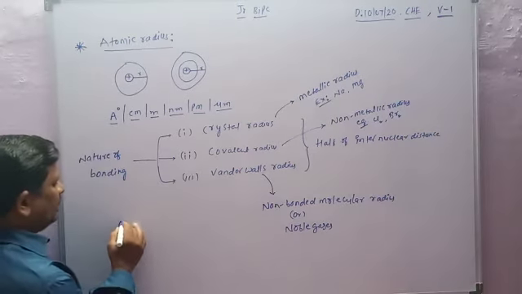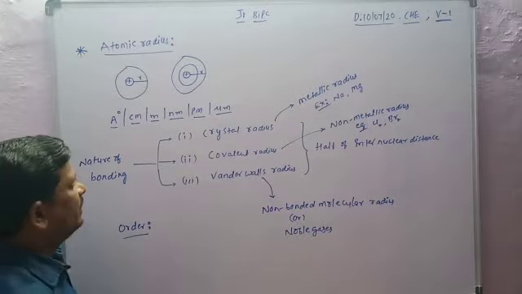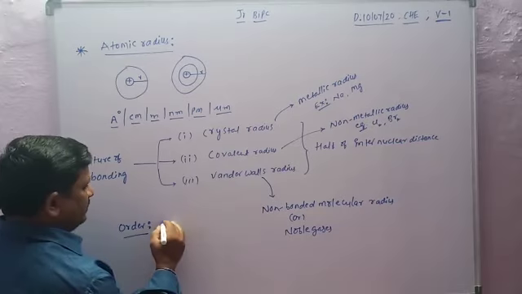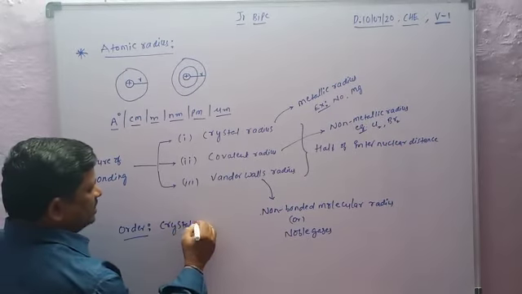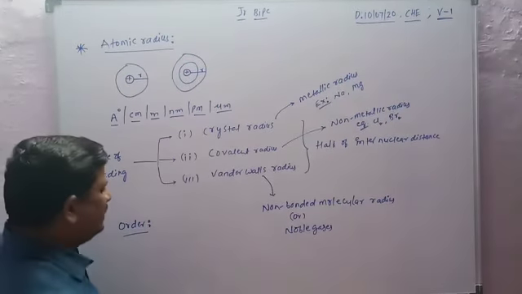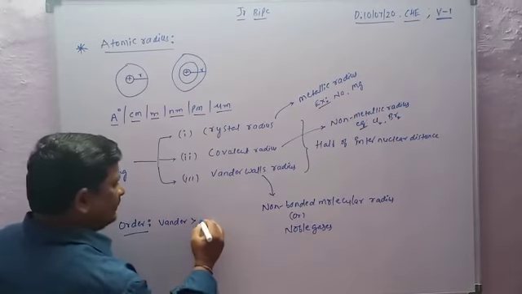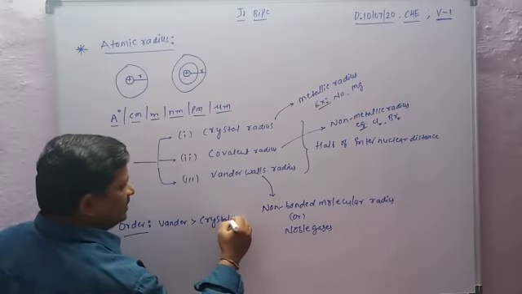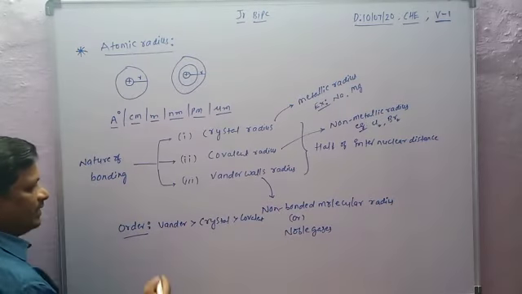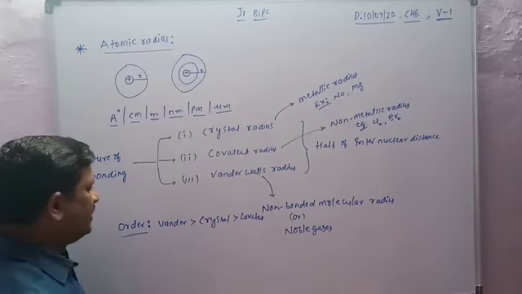Now the order of these radii. Van der Waals radius is greater than crystal radius, which is greater than covalent radius.